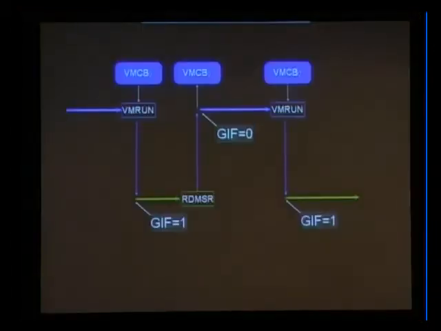So when we see the global interrupt flag set to 1 here, that would mean that the guest is going to receive all the interrupts that happen in the system, in its virtual environment, of course.